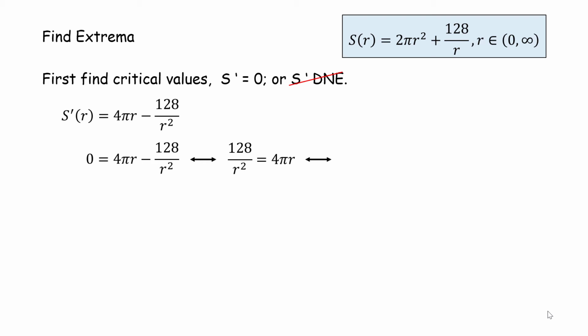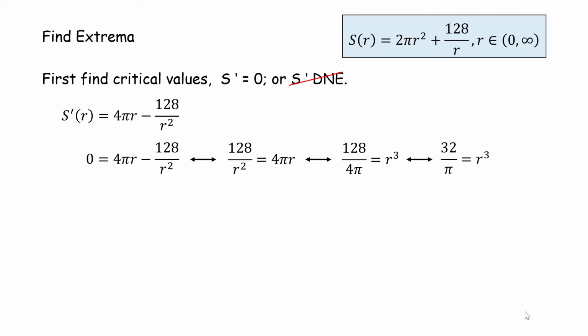That's going to get to 128 over 4 pi equals r cubed. Notice I divided by 4 pi on both sides and multiplied by r squared on both sides. Then we can reduce 128 over 4. That'll lead to 32 over pi, and that's equal to r cubed.